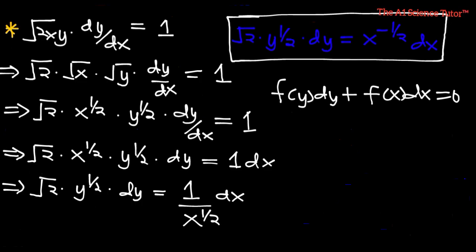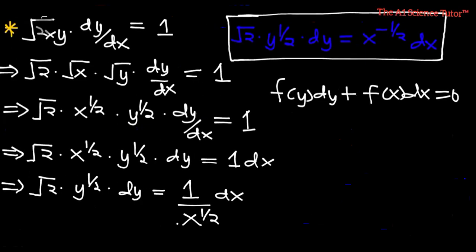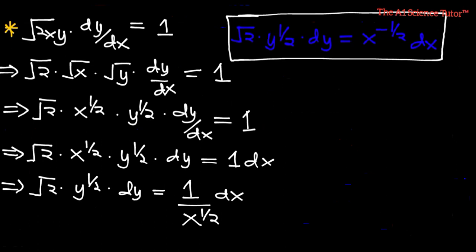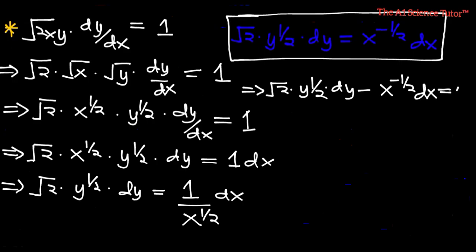So what that means is I need to take this and bring it to the other side. So that is going to be root 2 y raised to the power of half dy, minus x raised to the power of negative 1 over 2 dx. And of course, this is going to be equal to 0.